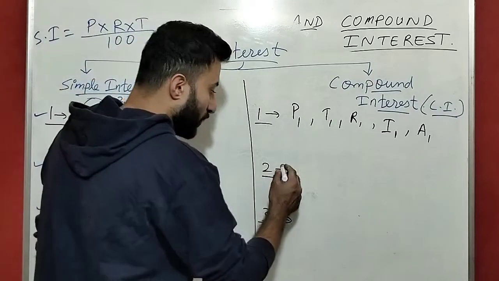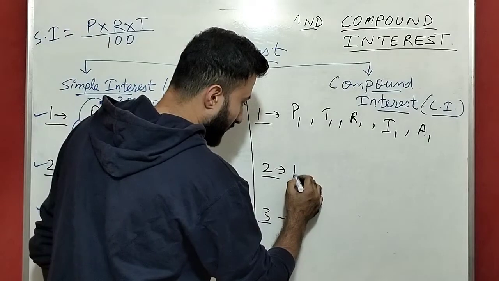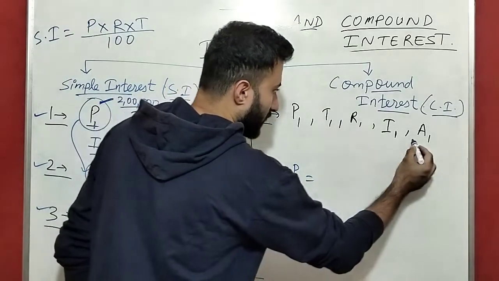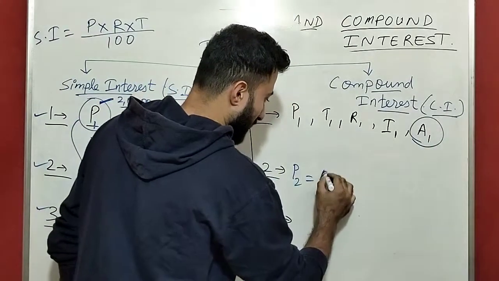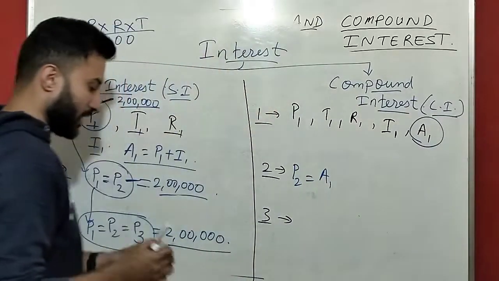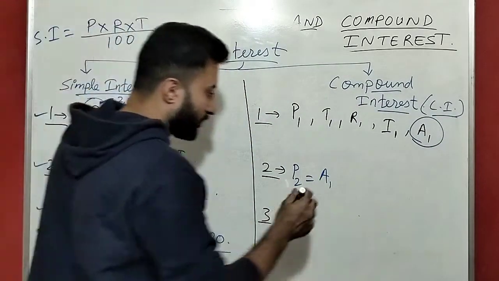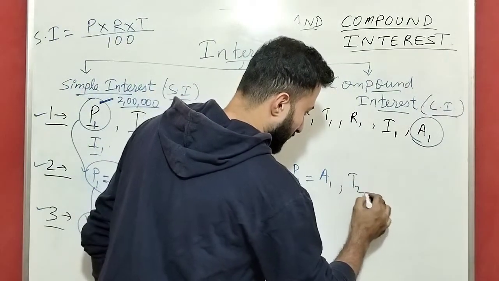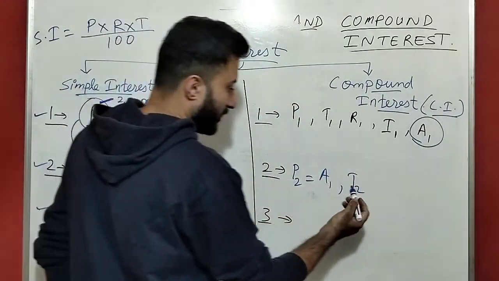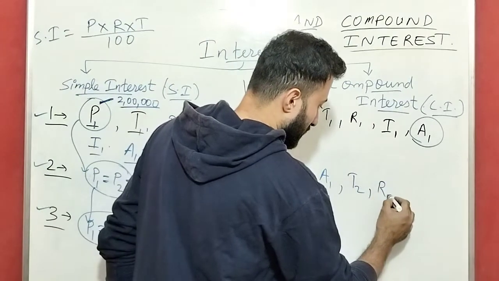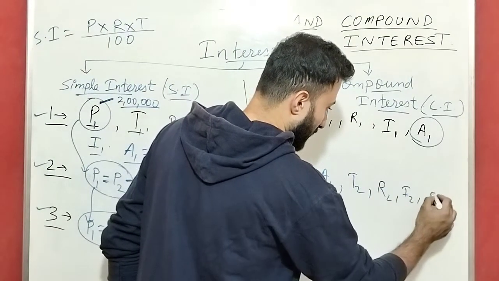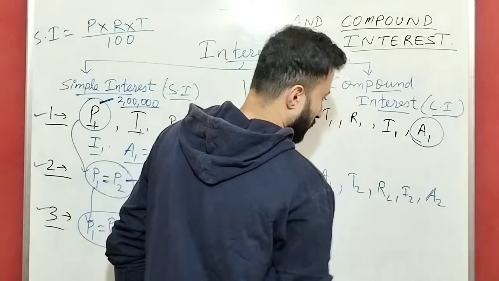Now when we come to the second year, the second year principal is nothing but the first year amount. First year amount is the second year principal. Then time will be 2 for this second year. Here also we get the rate, the interest, and the amount for the second year.